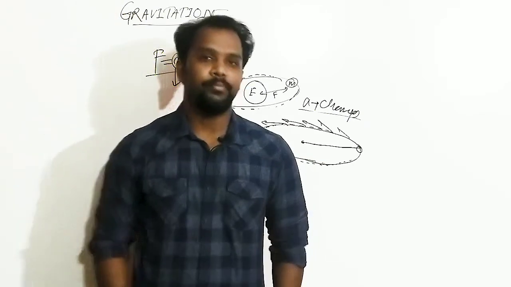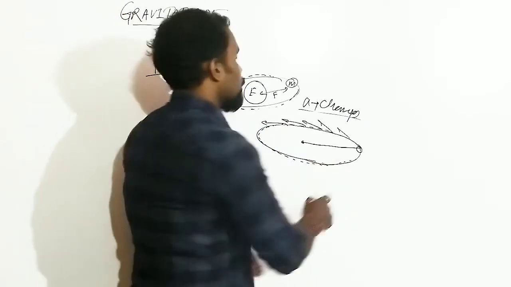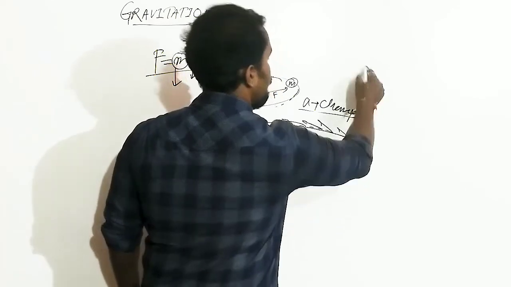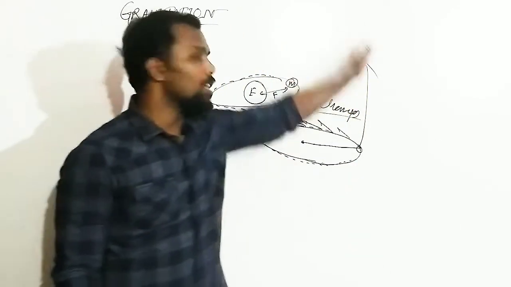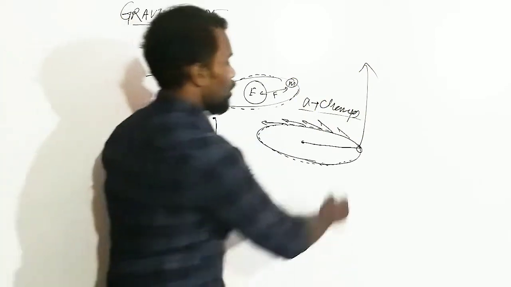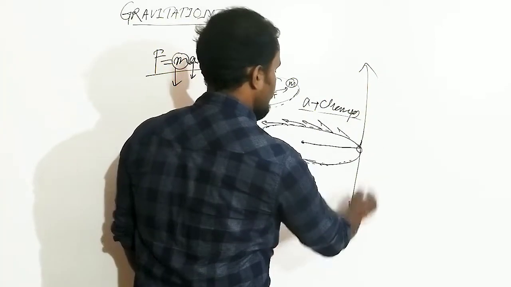Again, what is going to happen if you just leave the thread from your hand? That stone is going to move in a straight line, maybe in this direction or maybe in this direction.